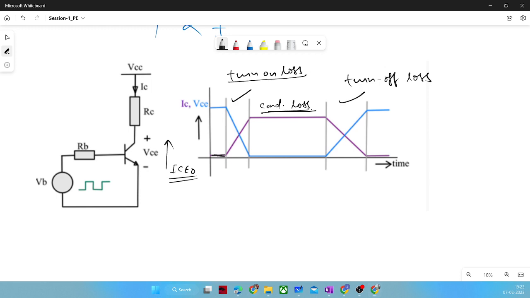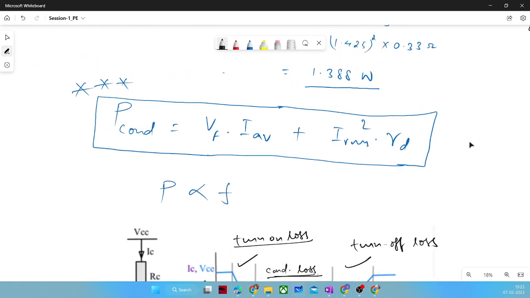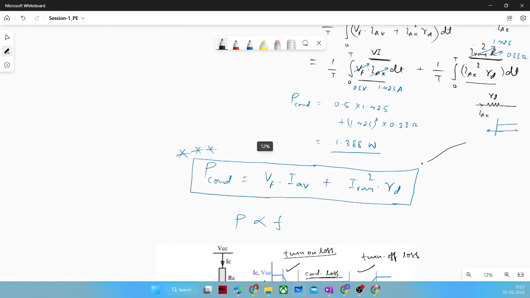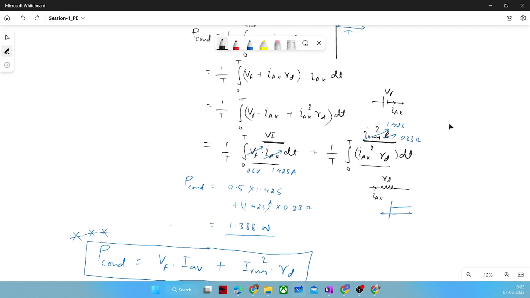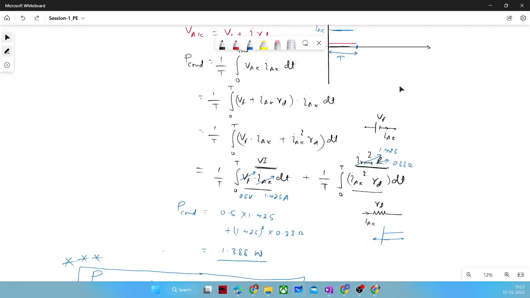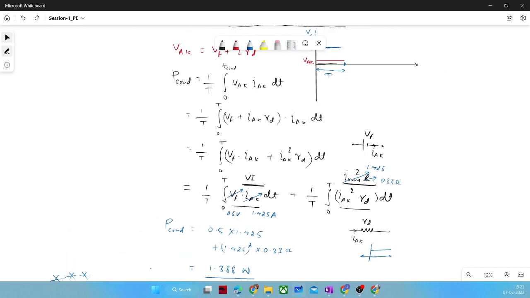Any doubt regarding this problem or the earlier conduction loss problem? Otherwise, we will move ahead with another problem. Is switching loss the same for turn on and turn off? It can be the same. Generally the slope is the same for both turn on transition and turn off transition, but it might differ also.